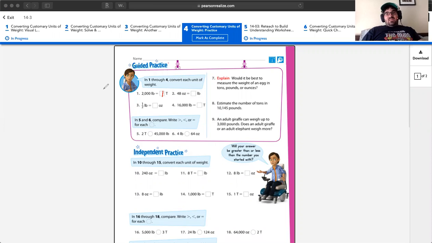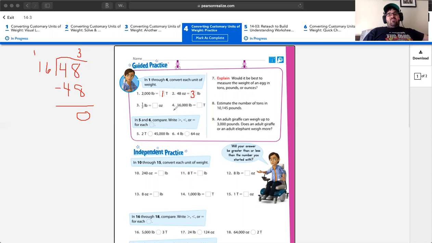Well, 16 ounces is 1 pound, so I would do 48 and divide it by 16. 16, let's try 3. 3 times 6, 18. Write the 8, carry the 1. 3 times 1 is 3, plus 1 is 4. Divide, multiply, subtract, and I have 0, so my answer is 3 pounds.